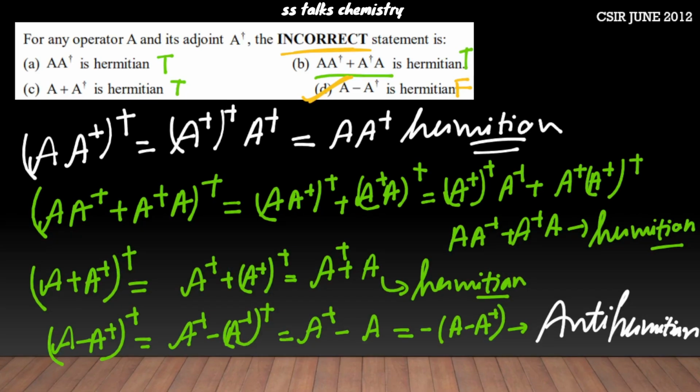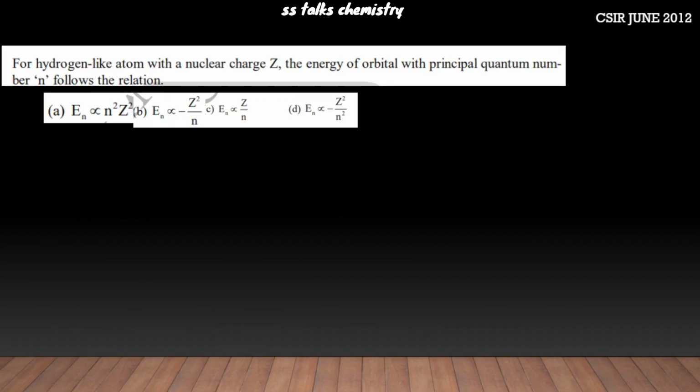Okay. Next we have this question. This is from the CSIR exam of June 2012. The question says, for hydrogen-like atoms with nuclear charge Z, the energy of the orbital with principal quantum number n follows the relationship.